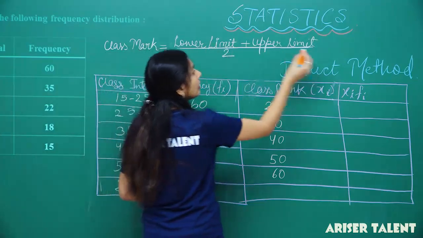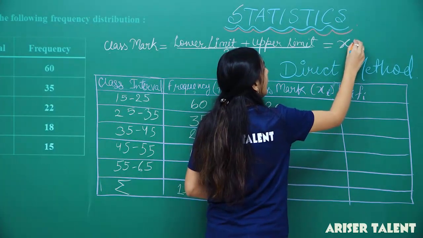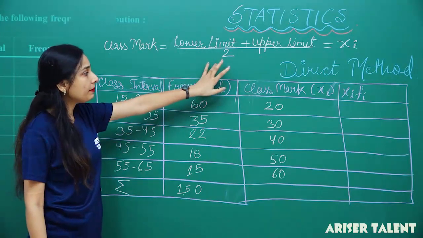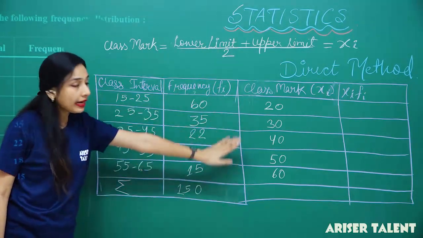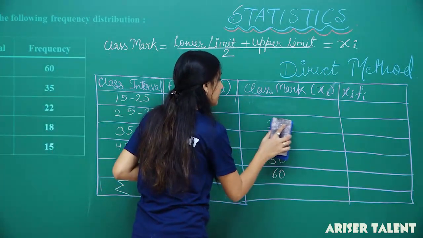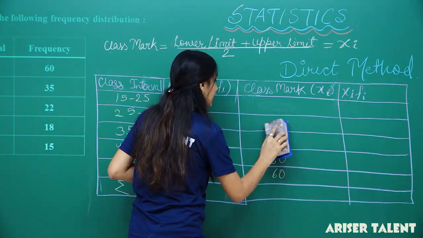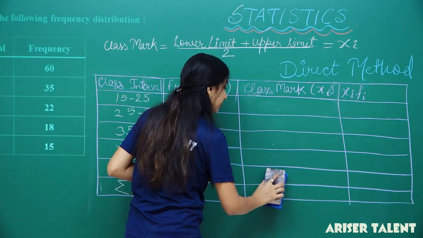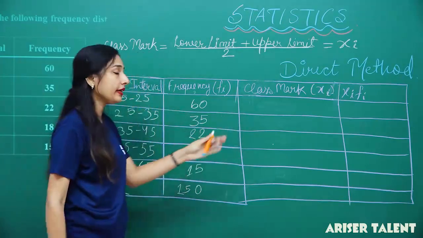So this is the class mark, that is equal to Xi. Here Xi will be lower limit plus upper limit by 2. You can write it as it is, or as per the procedure, preferably you should write it like this.